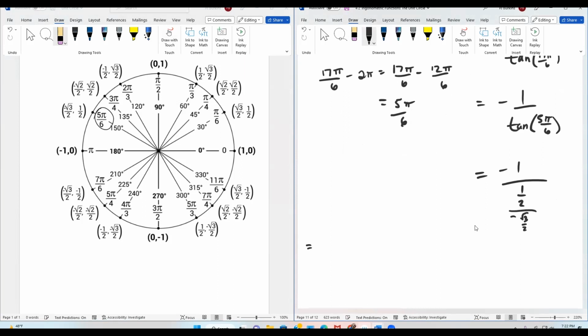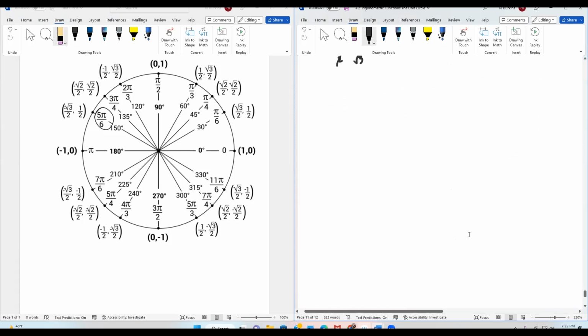We have some room. So this is negative 1 all over 1/2 times negative 2 over root 3. The 2's cancel. So now I have negative over negative. That's positive. And I have 1 over root 3, or root 3. And I think that concludes section 4.2.